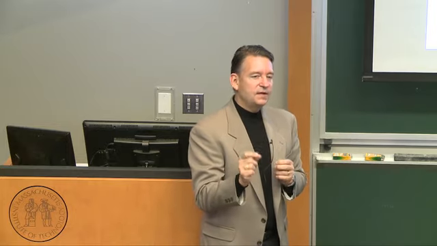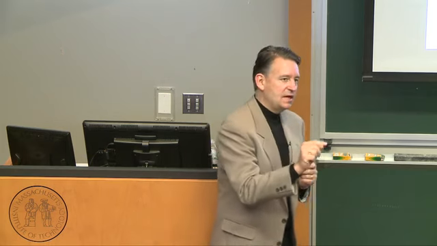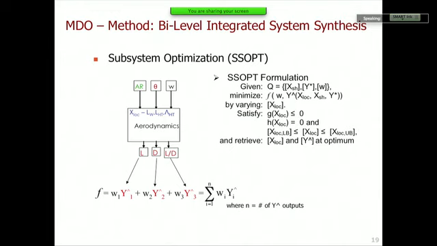So the weights are not predefined, but the weights themselves are a design variable. And so you can see the formulation on the right side. So given Q, which is your shared variables, the Y stars, which are the inputs from the other subsystems, and the weights, minimize your objective function by varying your local design variables subject to a bunch of constraints.